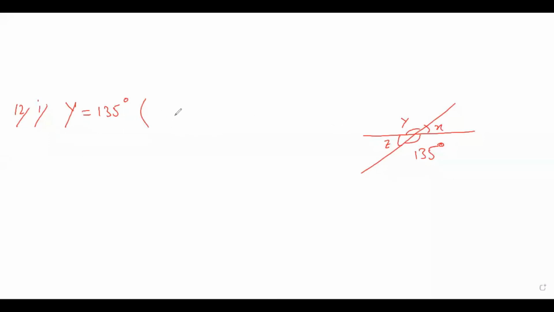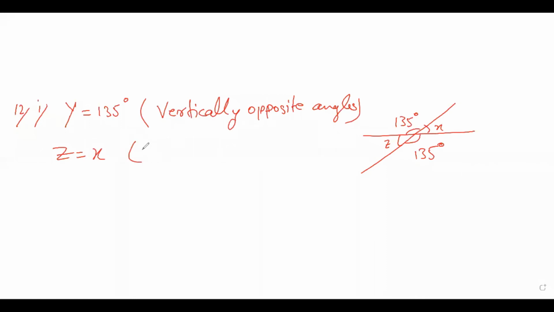Because they are vertically opposite angles, the value of y is 135 degree. And angle z is equal to x. Why? Same, because they are vertically opposite angles.